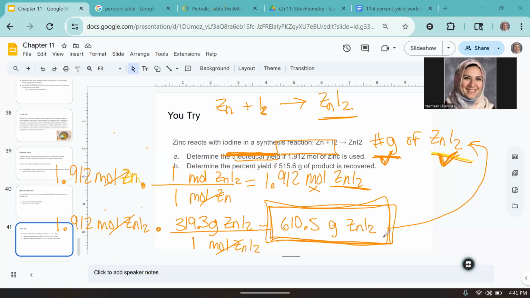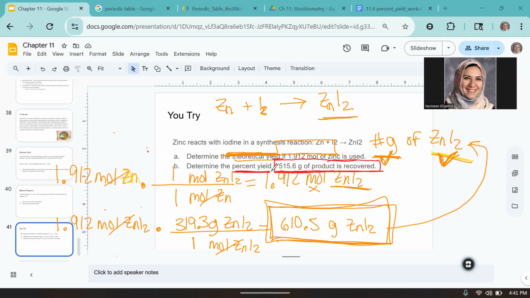So now I need to do part B, which says what is the percent yield if 515.6 grams of product is recovered. Recovered means it was actually made. So what is the percent yield if actually 515.6 grams was made, was recovered, meaning I was able to receive it from the chemist.